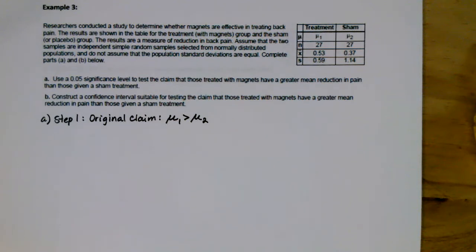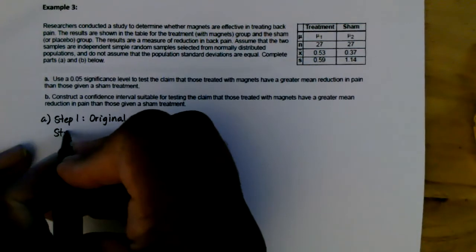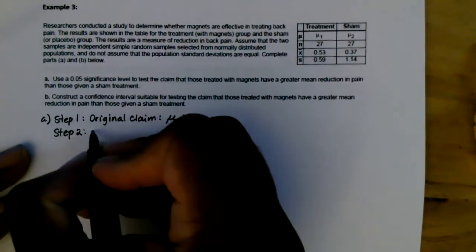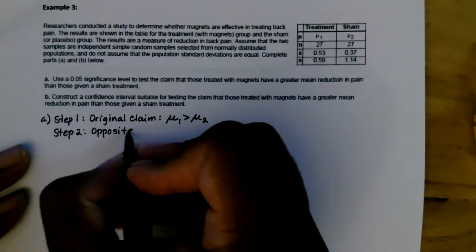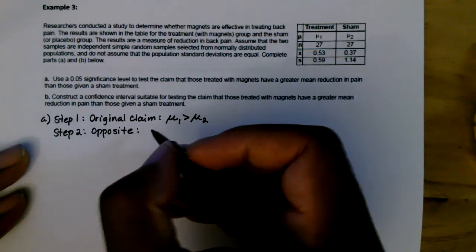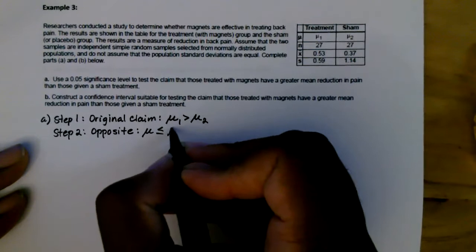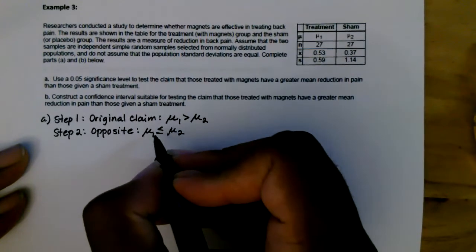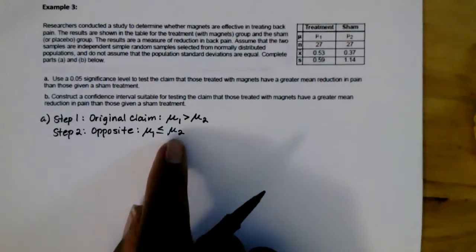And then step number 2 is the opposite of the original claim. The opposite of greater than will be less than or equal to. So it'll be mu1 less than or equal to mu2.